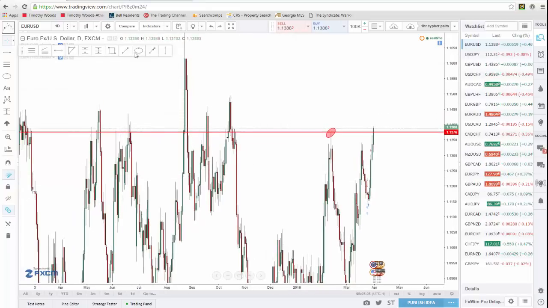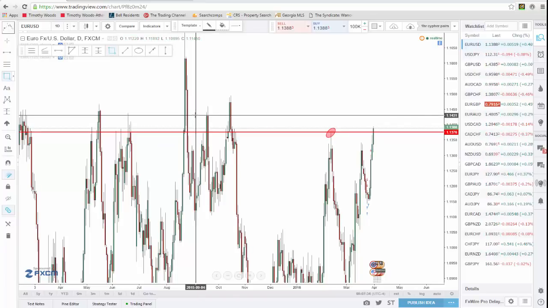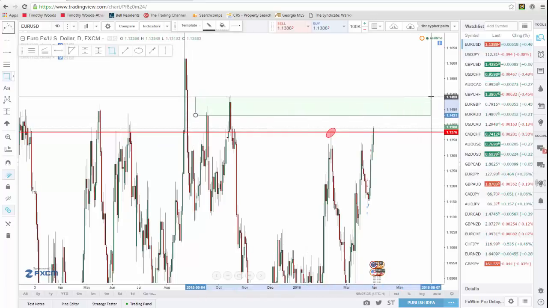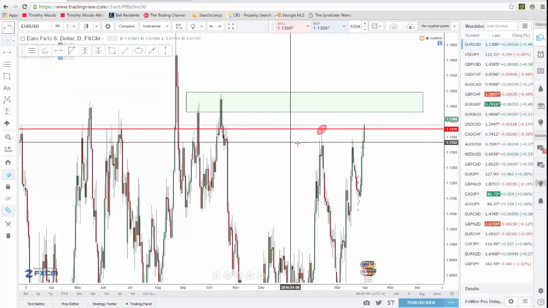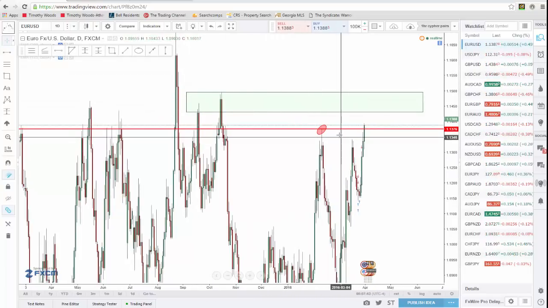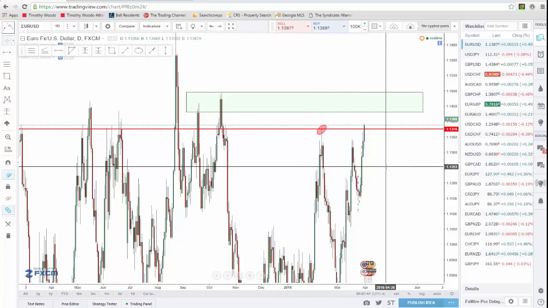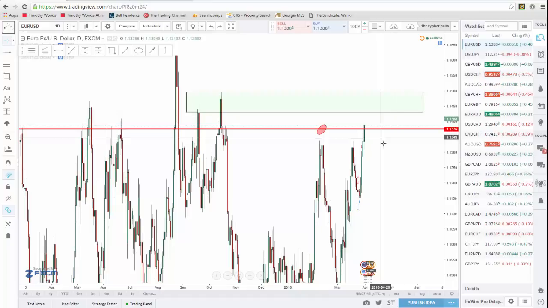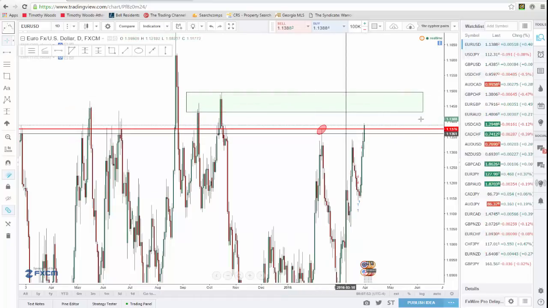Here on the daily chart, we see a couple of small levels of resistance right in here. And this is what I was talking about when I said where we could get to. I believe if we break and close above this previous structure level here on that 4-hour candle, it's quite possible for us to make it all the way up to this zone.